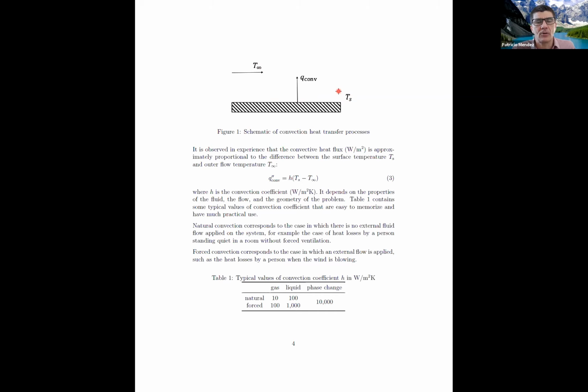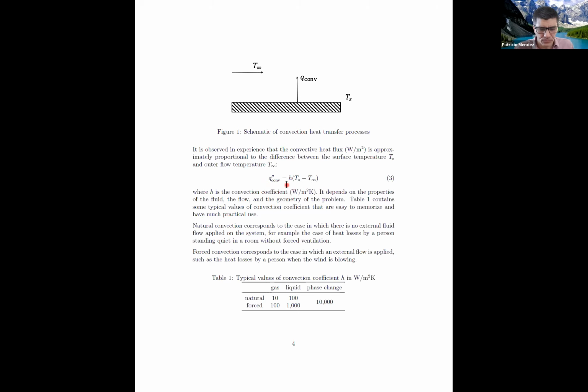So this is the case of a fluid going inside a pipe. This is a case of a fluid going over a fin in fin cooling. And the amazing thing is, for all the complexity of convection that you're going to see later, this mixture of advection and conduction together, in the end, the heat flux that is exchanged by convection is given by equation number 3 that you have on the screen right now.